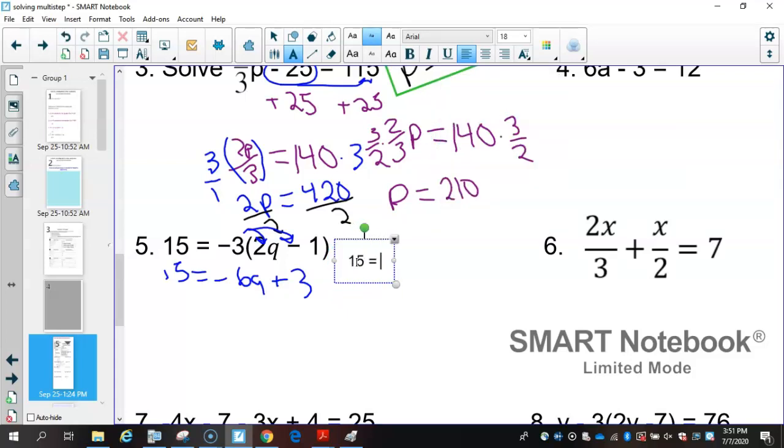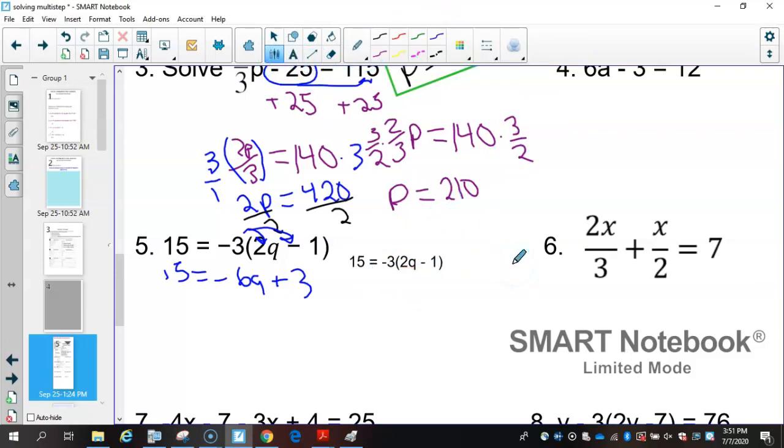(15 equals negative 3, 2q minus 1). Right? And when I do this, I want you to pay very close attention, because we've been taught to do it in such a certain order that when you see it done this way, you think it's wrong.